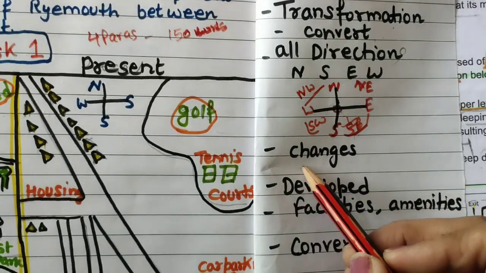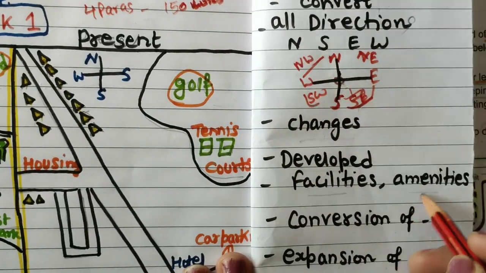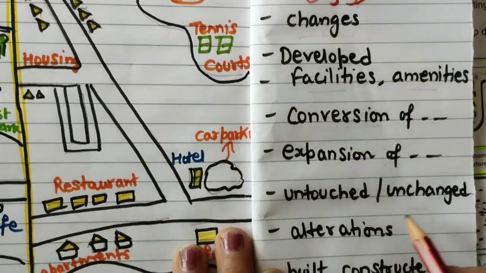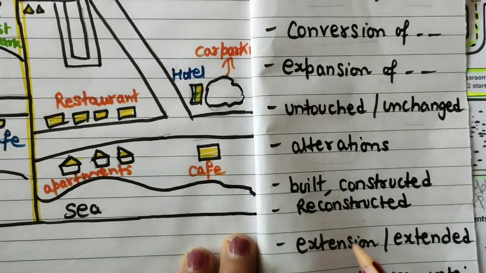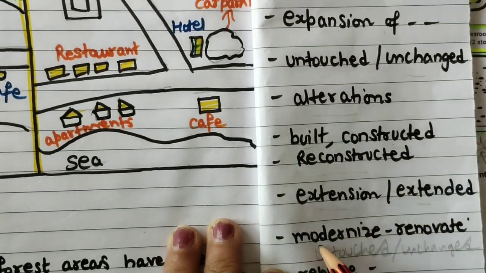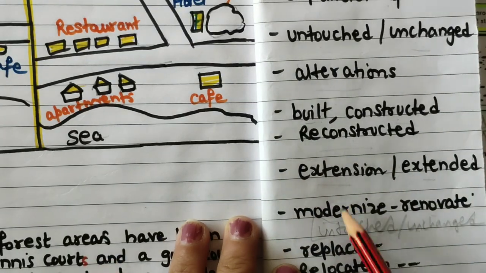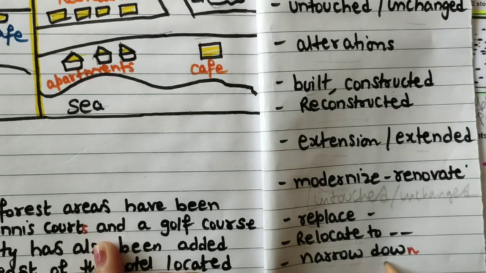So changes, we can use the word changes, developed, facilities, amenities, conversion of, expansion of, untouched or unchanged, alterations, built, constructed, reconstructed, extension, extended, modernize, renovate, untouched or unchanged that we have used, replace, relocate, to narrow down.